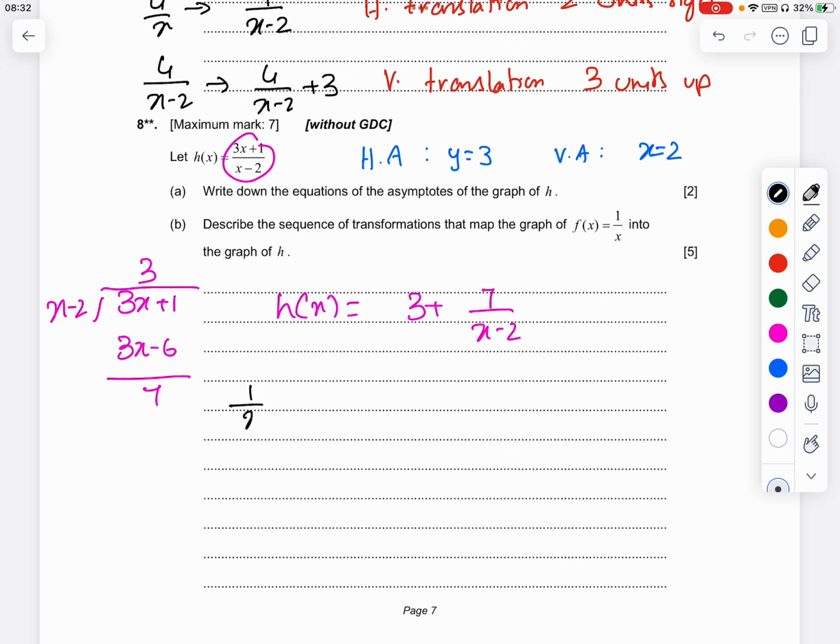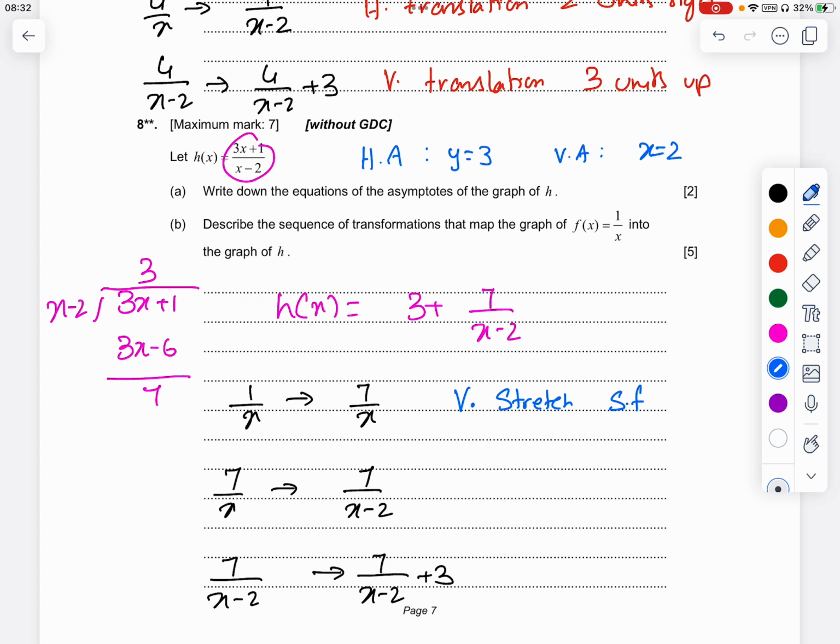So 1 upon x becomes 7 upon x. 7 upon x becomes 7 upon x minus 2. 7 upon x minus 2 becomes 7 upon x minus 2 plus 3. So this is vertical stretch with scale factor 7.